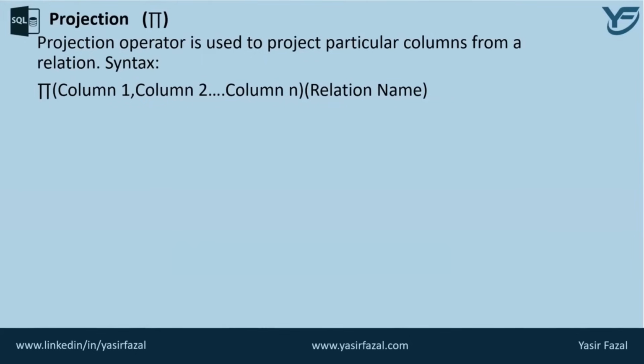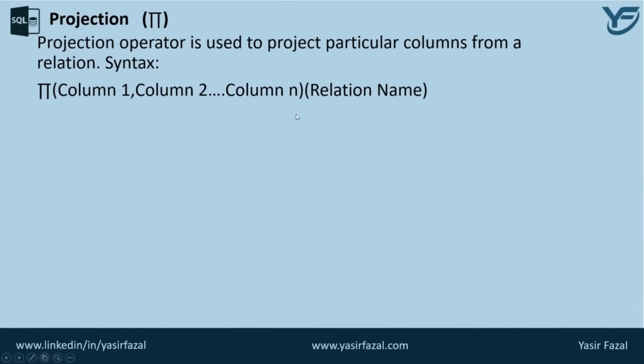You write the symbol pi, and then in small braces, you provide the list of column names that you would like to extract from the relation. After mentioning the column names, you provide the relation name as well in curly braces. Once you provide that, you will get the result.